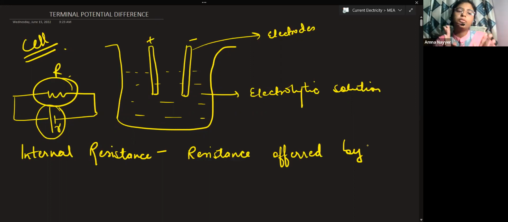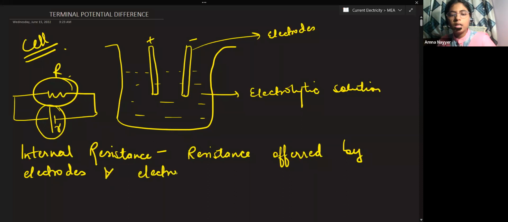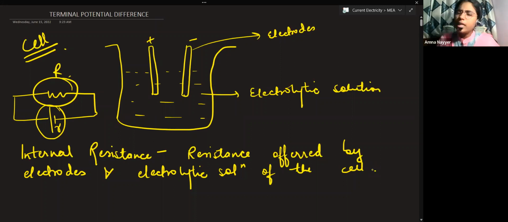Both of these offer resistance, which is known as the internal resistance. So it is offered by the electrodes and the electrolytic solution of the cell. There are various factors on which this internal resistance depends.